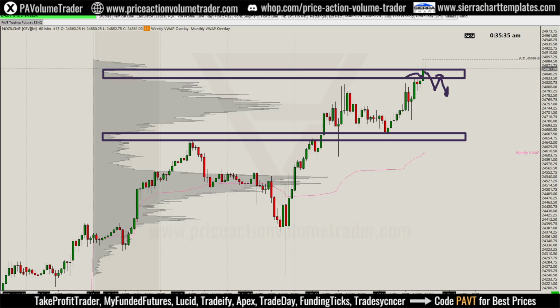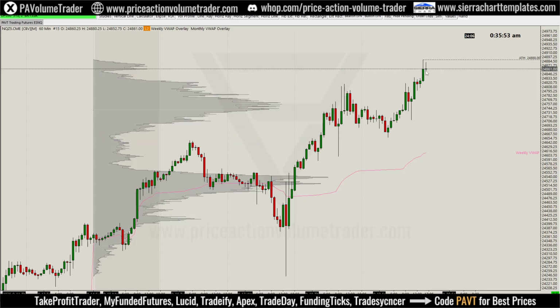Beyond that, we would have first, one cut, two cut, and then this will be the major one, which is the actual bottom edge of the node. Okay, so those would be the main areas we're looking for here.